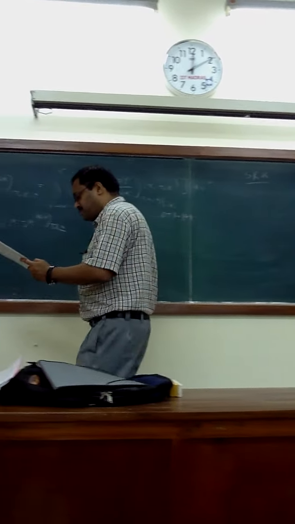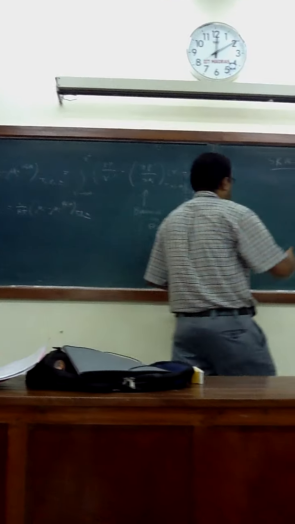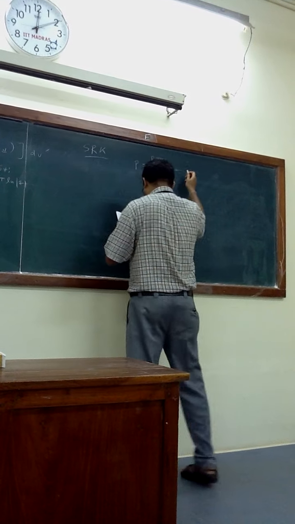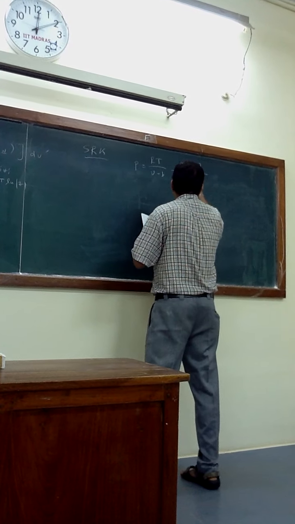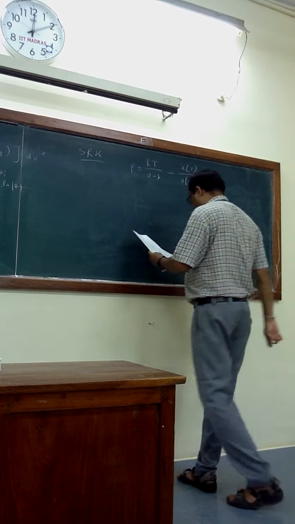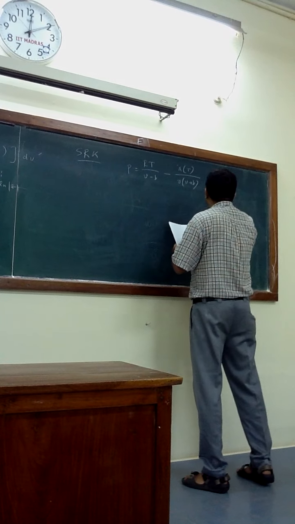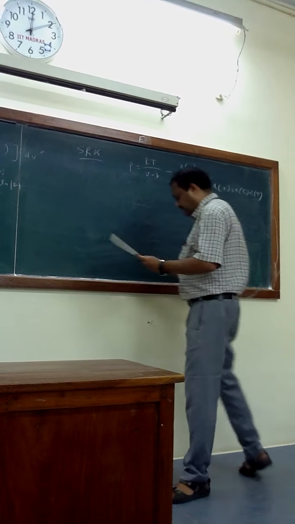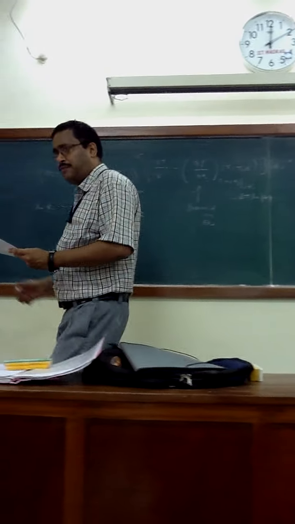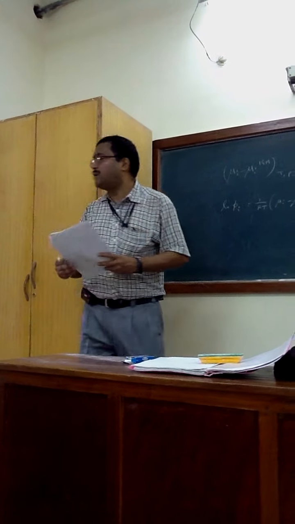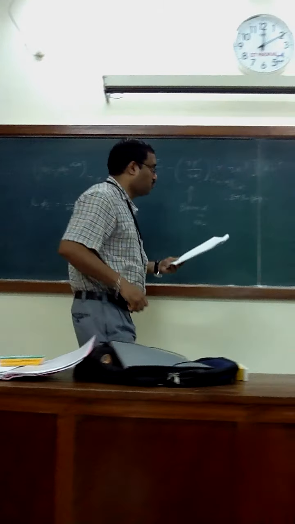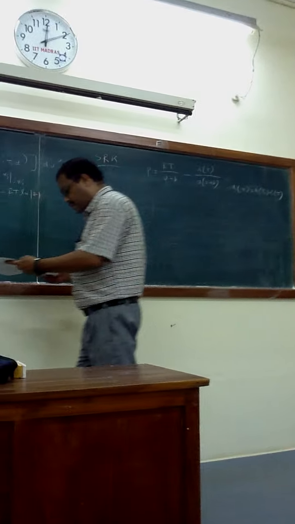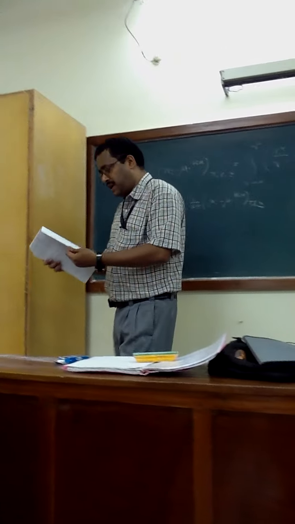Which is P equals RT by V minus b, minus a(T) by V into V plus b, and a(T) is a_c times alpha(T), and alpha(T) we have discussed, which is 1 plus kappa into 1 minus the square root of T_r, the whole squared.